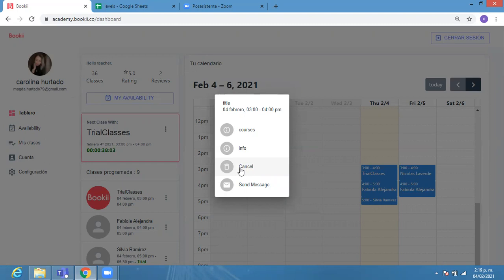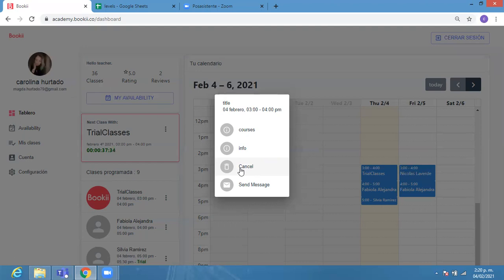If they don't give us notice of their cancellation, the class is going to be marked as absent. So the student will miss that class. If they cancel the class, they can book that class again, so the lesson would not be taken into account. They can take the class when they want to.